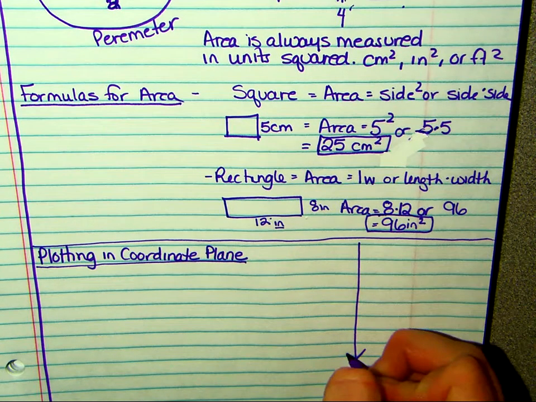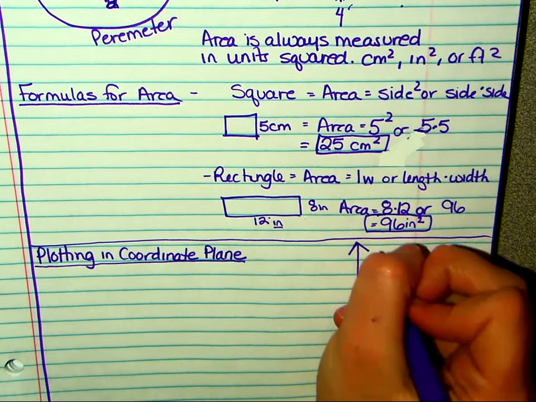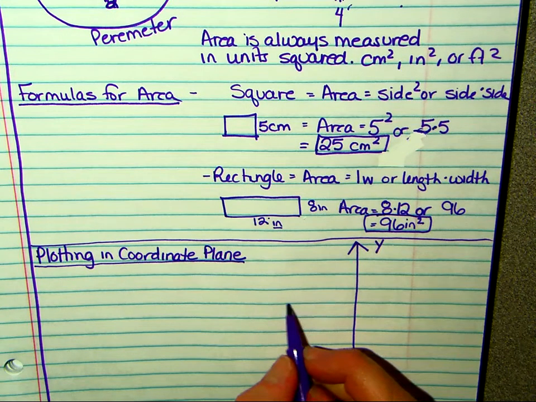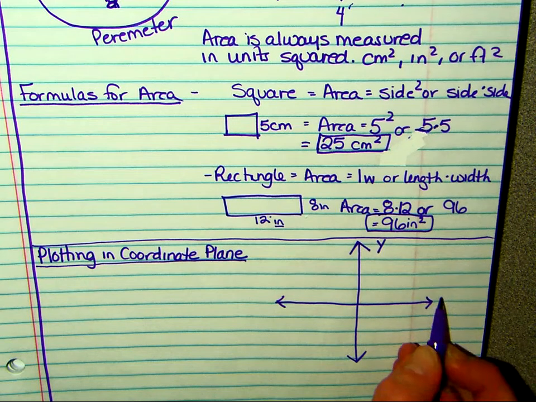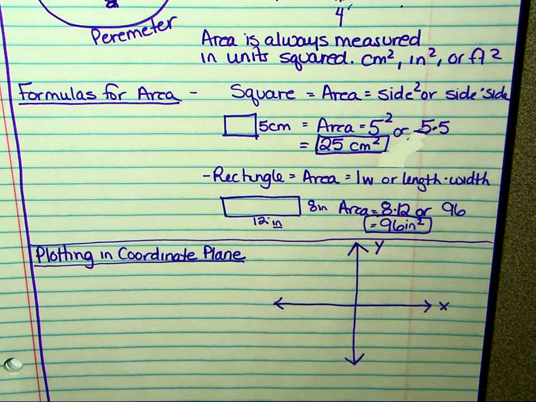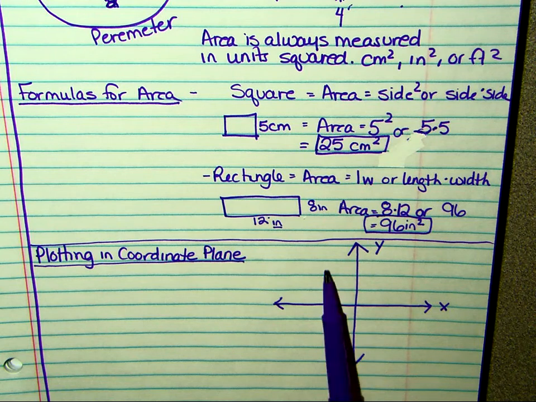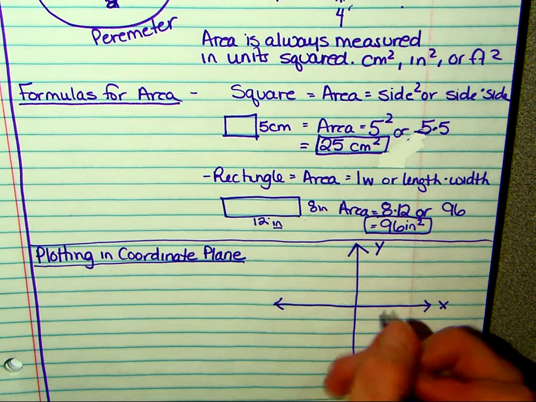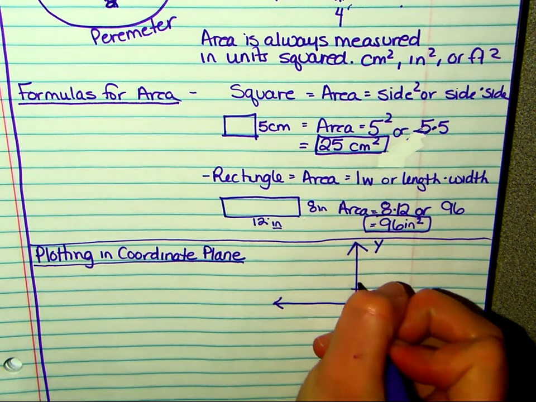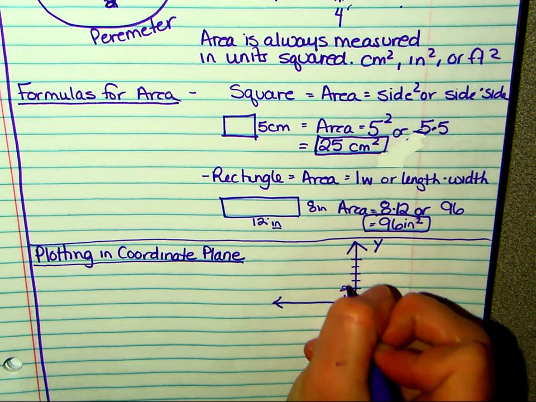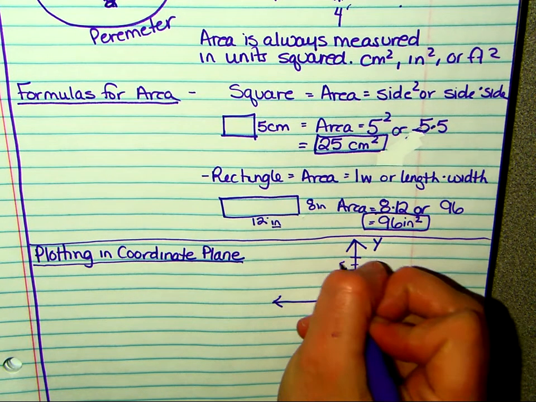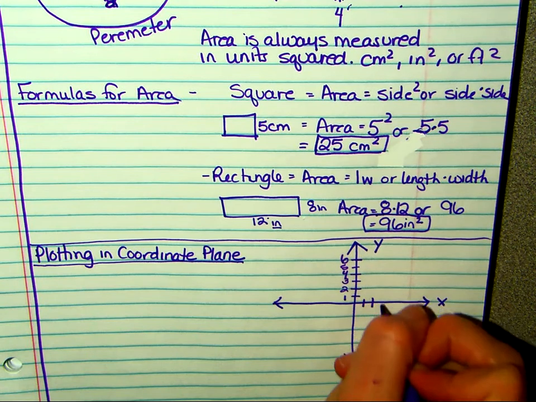This vertical one is your Y, this horizontal one is your X. You might not have plotted over here in the negative areas, but hopefully you have done little tick marks. You've counted 1, 2, 3, 4, 5, 6.